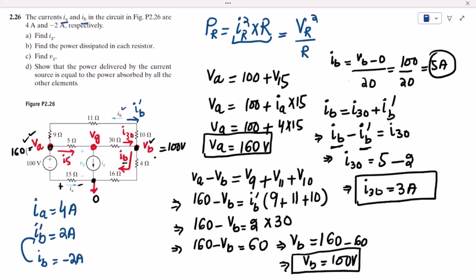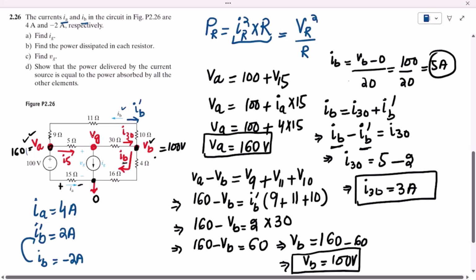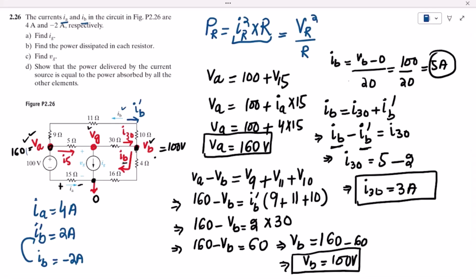We must have the potential difference, which is VA minus VG. But now here, in order to find out this VG, we have this potential drop, we have this voltage. So again, applying the same formulation we applied here, we can write VG minus VB divided by 30 is equal to I30.